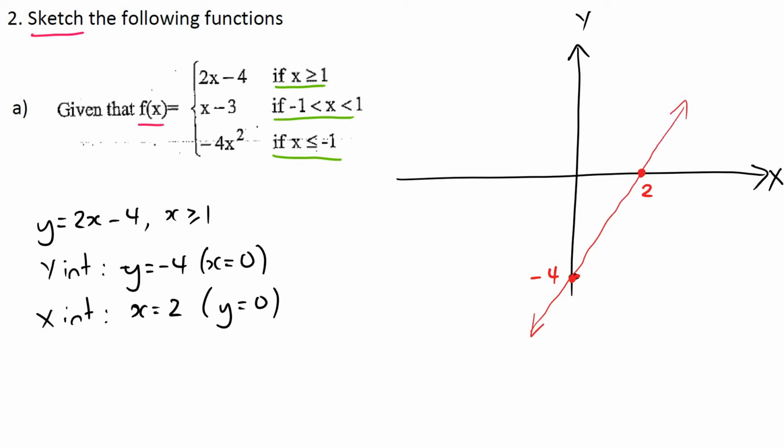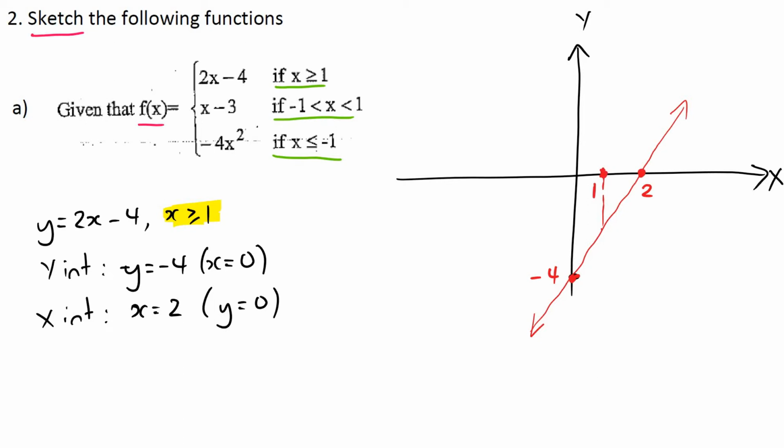Now, I'm only concerned about the values for x greater than 1. I don't need the entire graph or the entire line. So x equals 1 is somewhere here. Let's say that this is 1. So I only care about values of x to the right of 1.